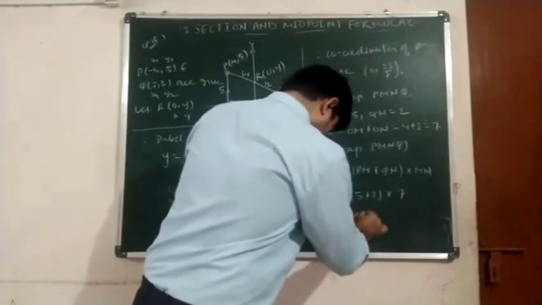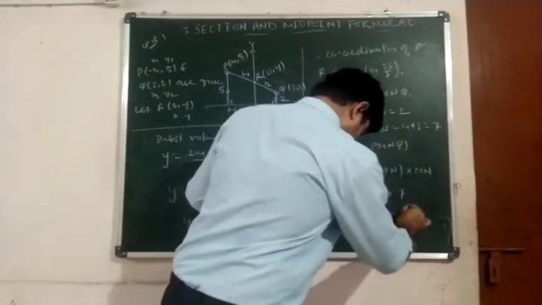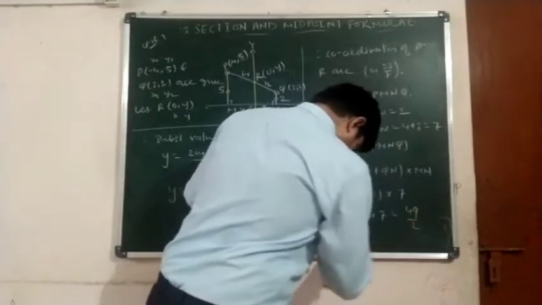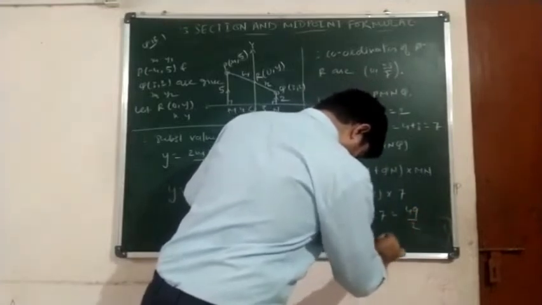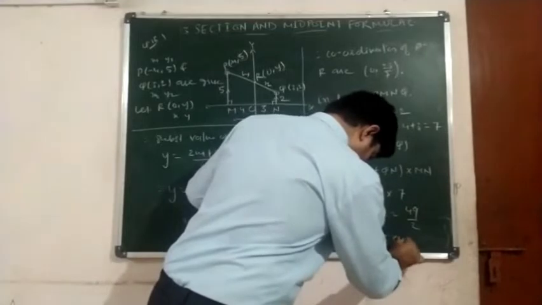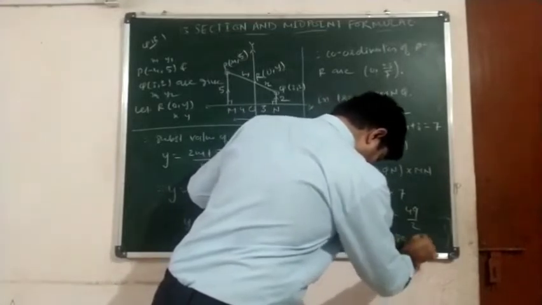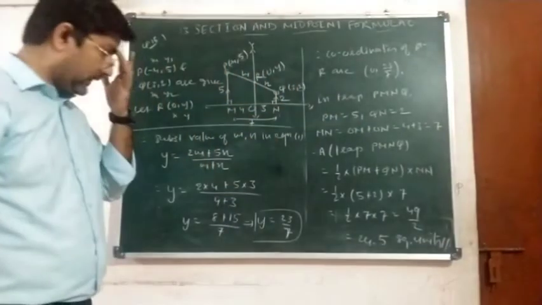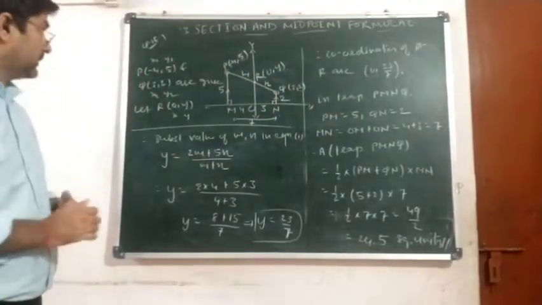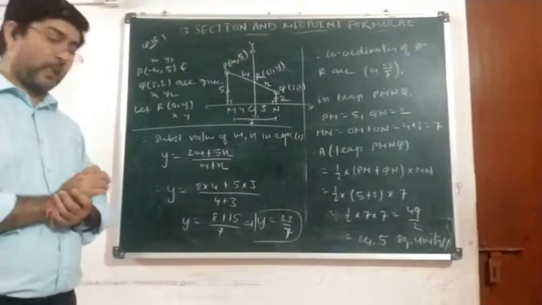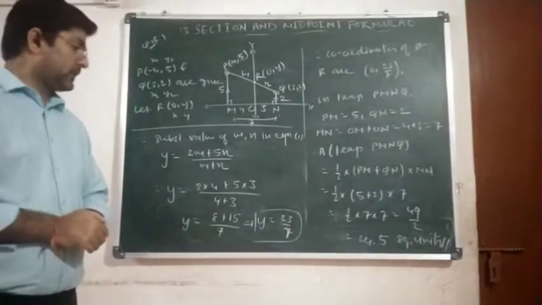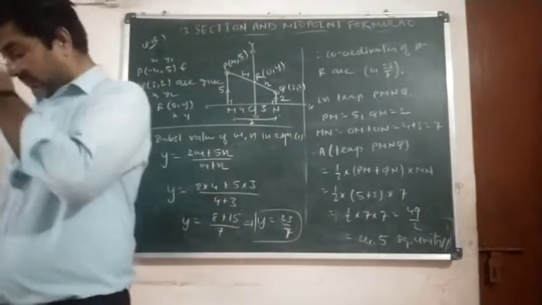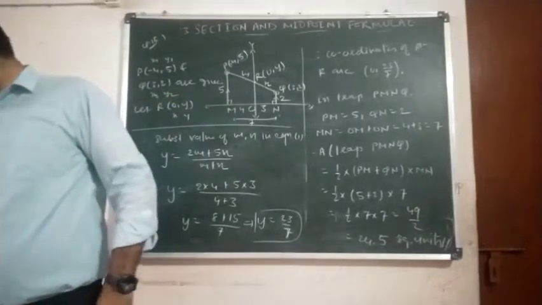So half into 7 into 7 is equal to 49 upon 2 is equal to 24.5 square units. So this is the final answer. I hope you have understood this question. Okay, now let us solve the next question, that is question number 17.